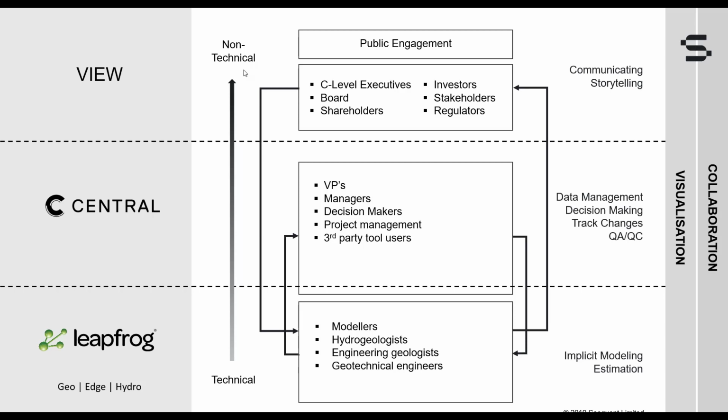Now, what we're going to discover today is, as I mentioned, from the top down, each of these individual products and how they really can facilitate the flow of information in your organization, how they allow everyone involved to easily visualize data and actively collaborate with each other, ultimately allowing the entirety of the organization to make robust and quick decisions in real time in order to really keep that competitive edge for your company. So let's jump in, starting with View.